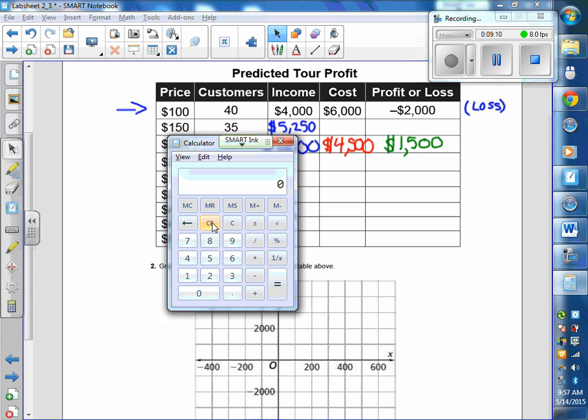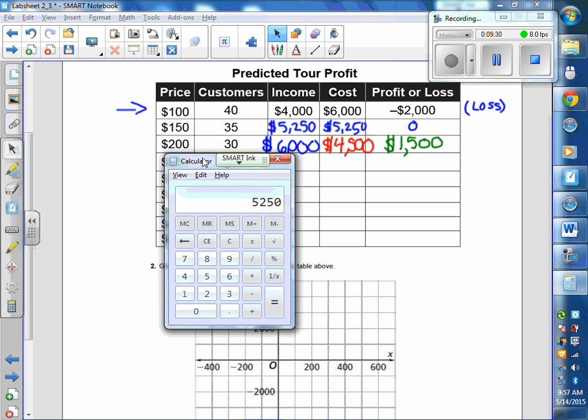So for those 35 people, each one's going to cost me $150. So I spend the exact same amount of money as I bring in. That's better than a loss. That's not a great way to run a business. We have no profit.